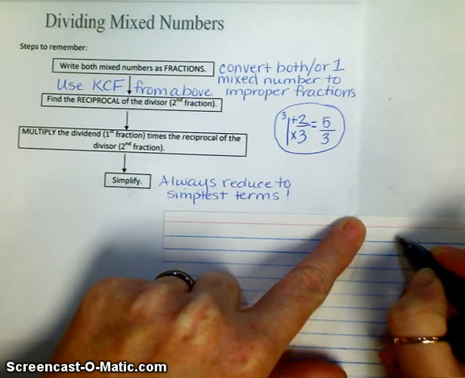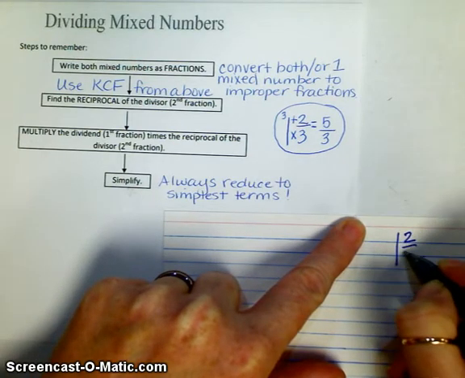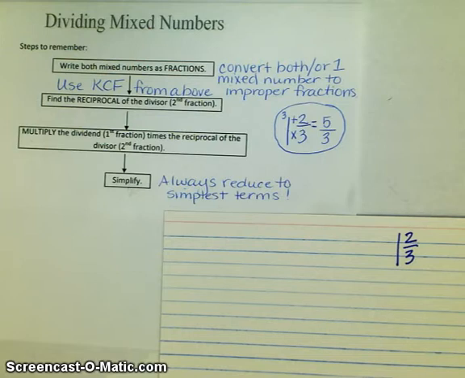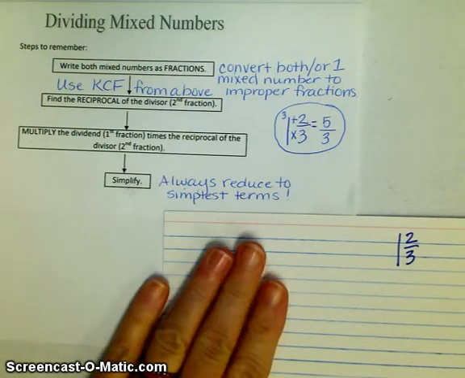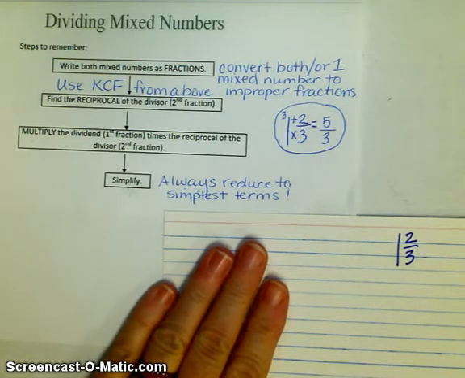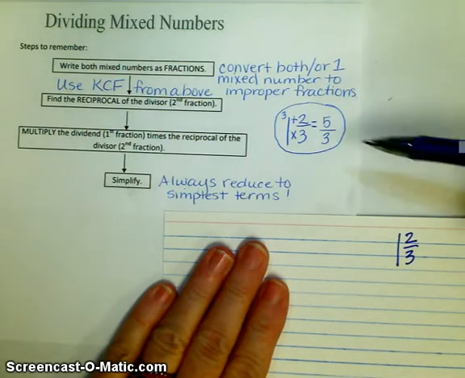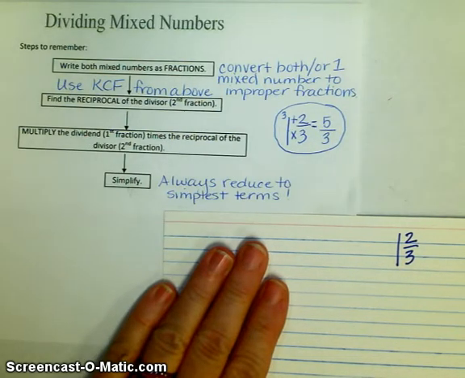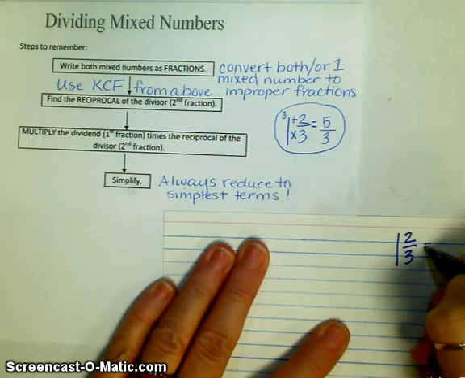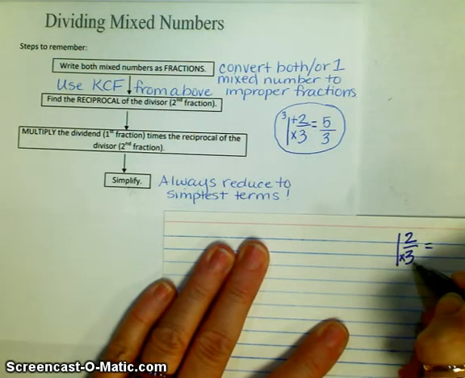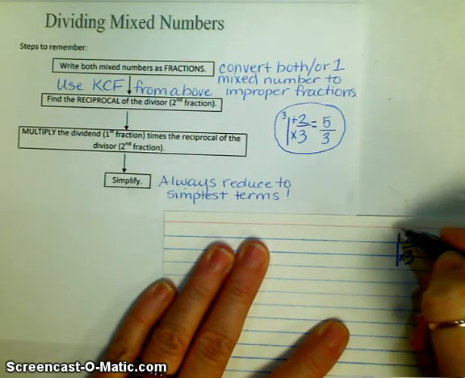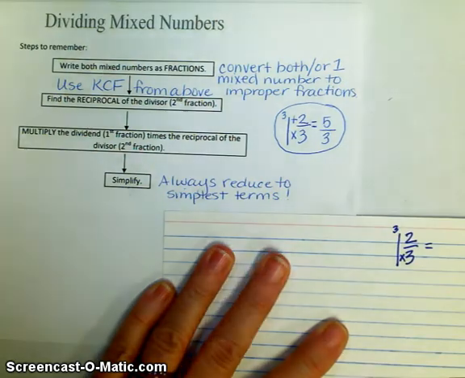If I have the number 1 2/3, that is a mixed number. The way that I convert that to be an improper fraction, and these are always going to be an improper fraction, the top number is always going to be bigger because you're dealing with a number that's bigger than 1. What we do is we multiply the denominator times the whole number, and we get a little product, and I always write the number right there.